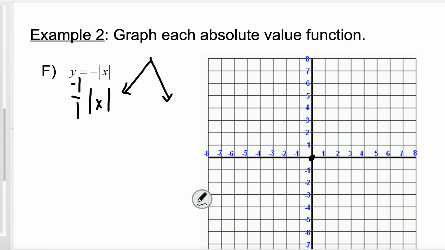So we can just go over 1 and down 1, over 1 and down 1, over 1 and down 1, over 1 and down 1, and connect our points. So it's like it's being reflected over the x-axis, or some people think the slope just switched on us. Either way, you can do it either way.